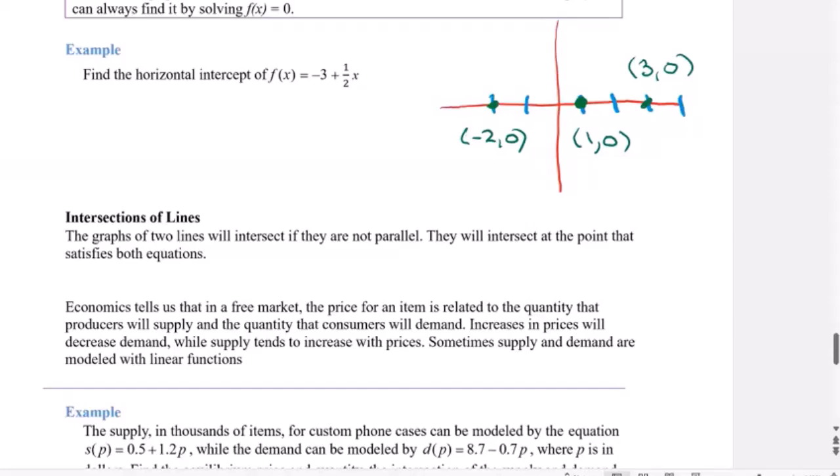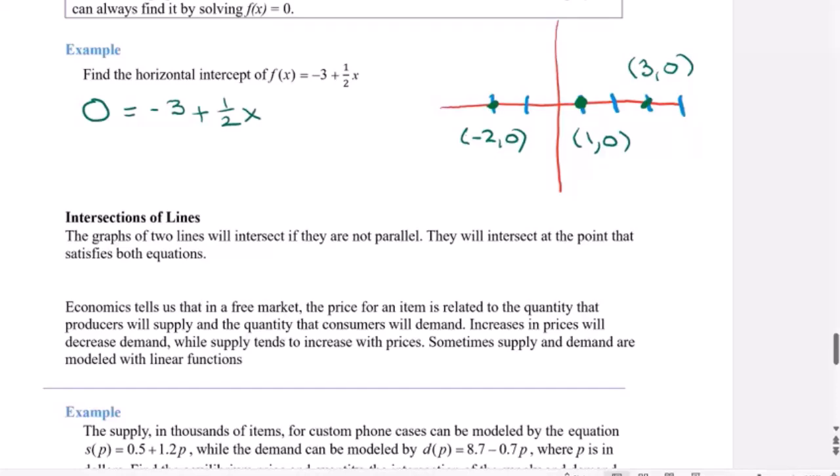What do I notice? Y has to equal 0 for the line to cross the x-axis. So all I really have to do to find my horizontal intercept, or my x-intercept, or my solutions, or my zeros, is I set f of x or y equal to 0. So I would have 0 is equal to -3 plus 1/2 x.